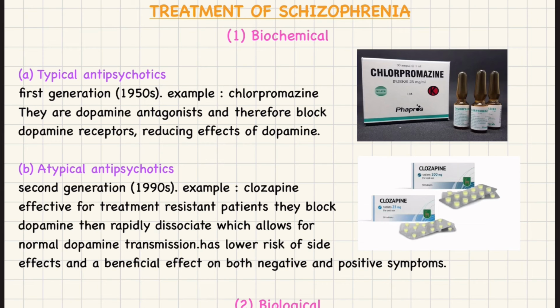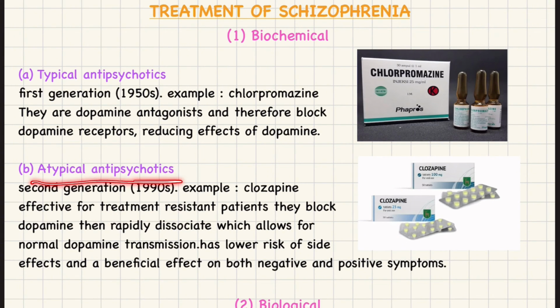Treatment resistant people are those that continue taking a drug and they become resistant to that drug, they become used to that dosage, and thus that drug does not really affect them. So this type of atypical antipsychotic is effective for people that are treatment resistant.